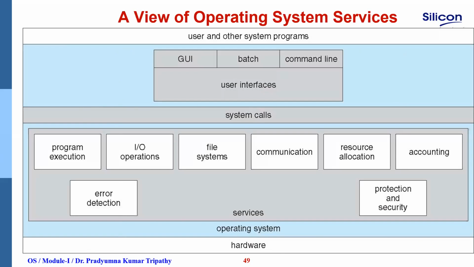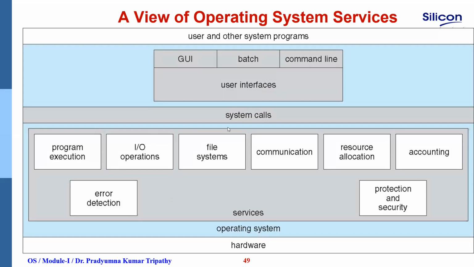It provides many services. We have discussed that there are many services provided by the operating system. What are those? Program execution, IO operations, file system, communication, resource allocation, accounting, protection, security, error detection. So all these are the services that are being provided.